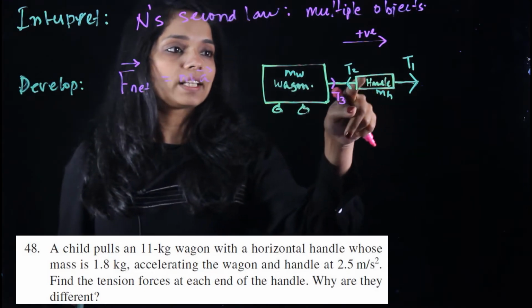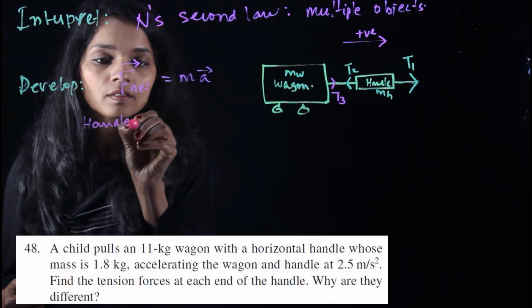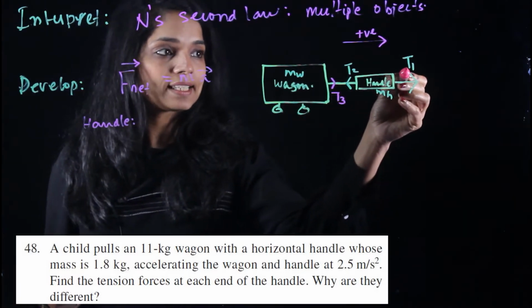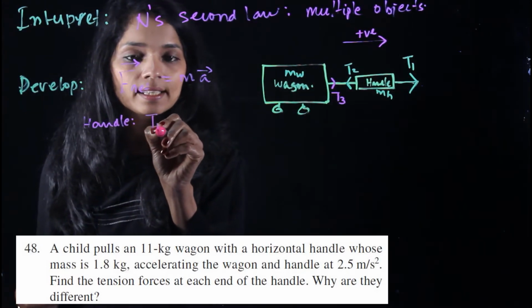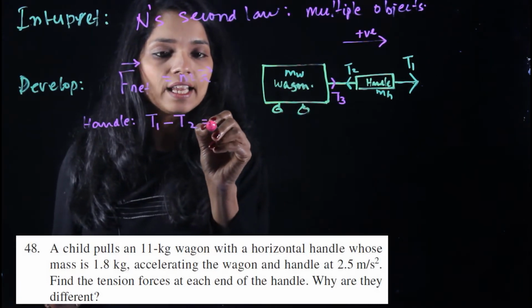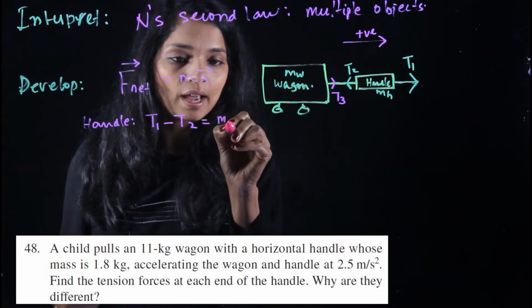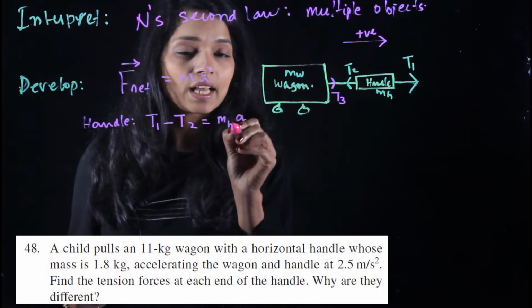So first of all, look at the handle. The net force on the handle is T1 minus T2, and that equals the mass of the handle, m h, times the acceleration a.